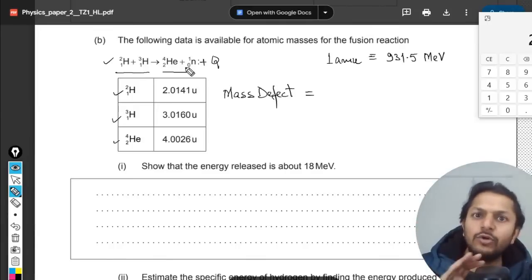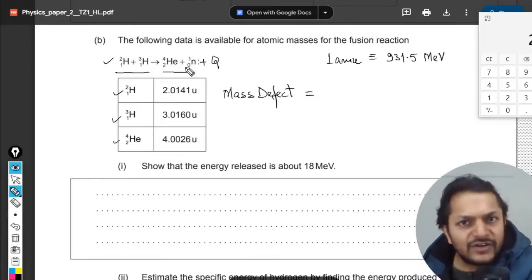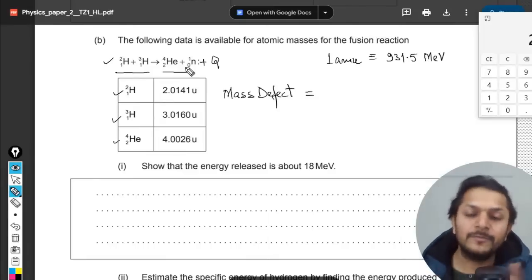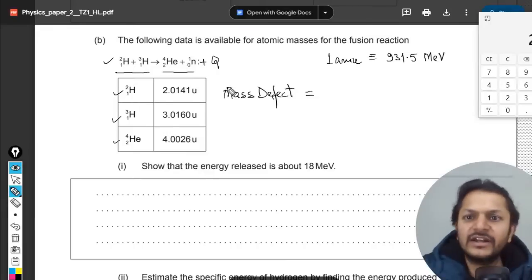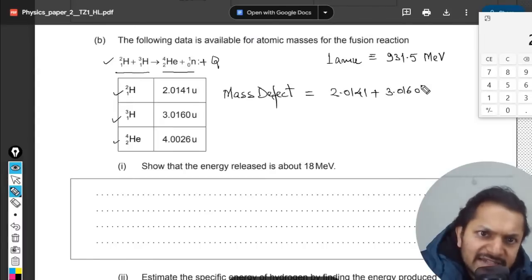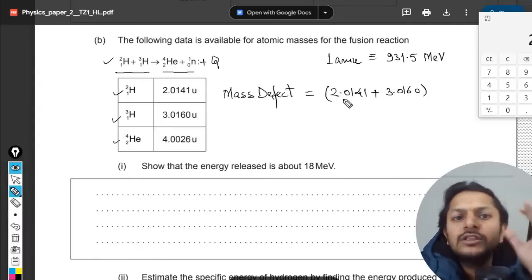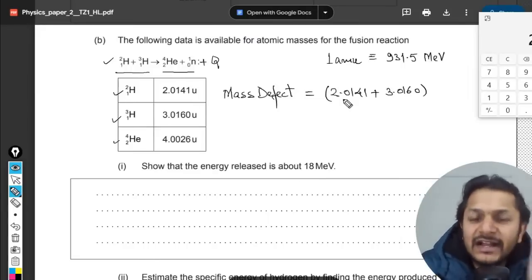So energy is more on the right hand side of the reaction, but on the left hand side energy is less, but the mass is more. So more mass minus lesser mass. We will first find the mass of the reactant here. That will be 2.0141 plus 3.0160. Be very careful about all the significant figures, because we have to be very, very precise, very, very exact in this calculation.